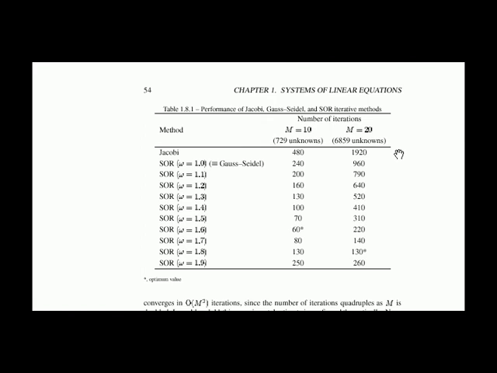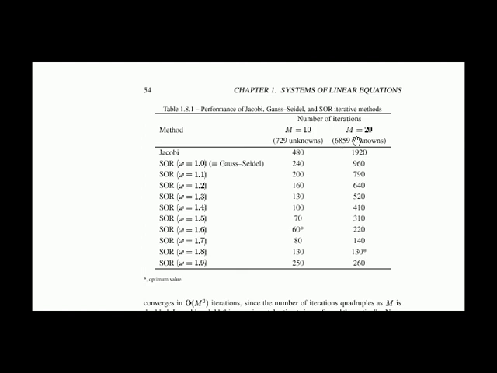Here are some results for SOR and Jacobi and Gauss-Seidel. Here's Jacobi method, here's Gauss-Seidel, and then these are values of SOR with other values of omega. Now the parameter omega, it's discussed in the book how that's chosen, but as you can see here, there is an optimal value. It's usually difficult to know what the optimal value is, but typically it's between 1 and 2, and most any choice between 1 and 2 will do better than Gauss-Seidel.